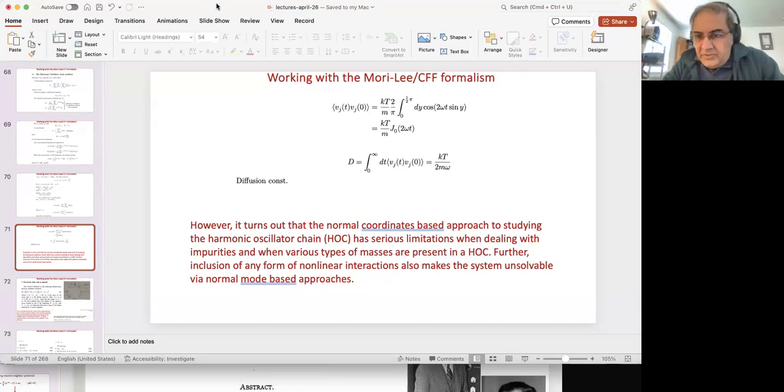This diffusion coefficient is a diffusion coefficient that is associated with the return to equilibrium. But what if there is no equilibrium? You can take a cup of water and you can drop some ink in it.